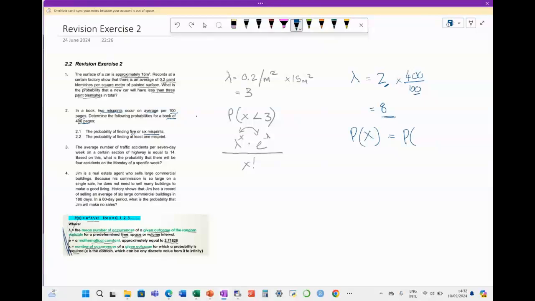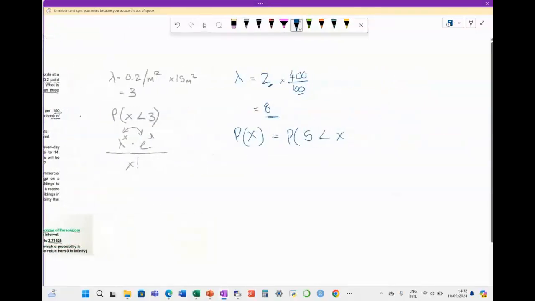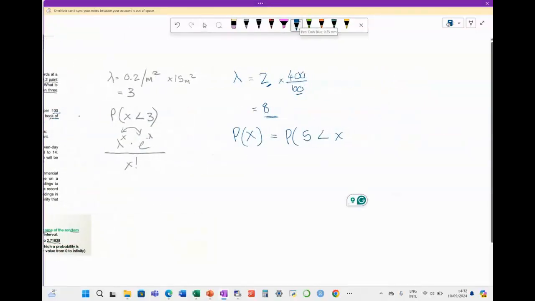We're basically saying it must be either equal to 5 or 6.